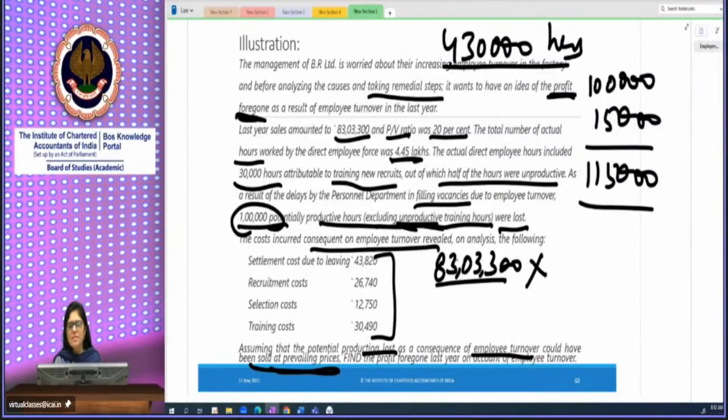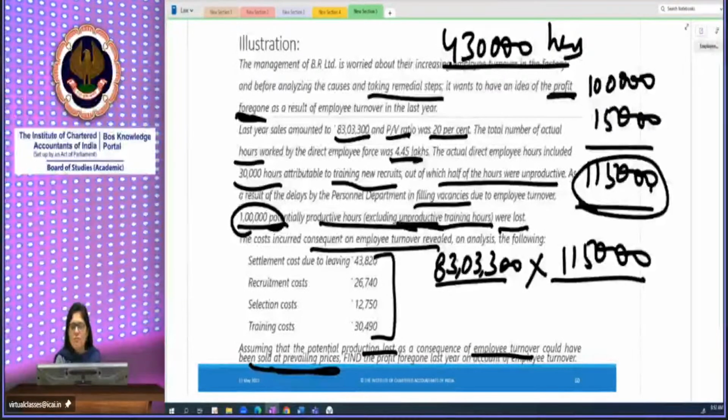How much would the sales be had these hours not been lost? We have lost 1 lakh 15,000 hours, and we have lost sales due to these hours. So if 83 lakh sales is because of 4 lakh 30,000 hours, how much is the sales if these hours were not lost? All right.